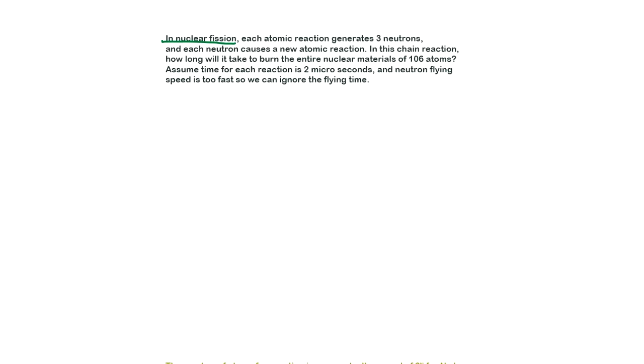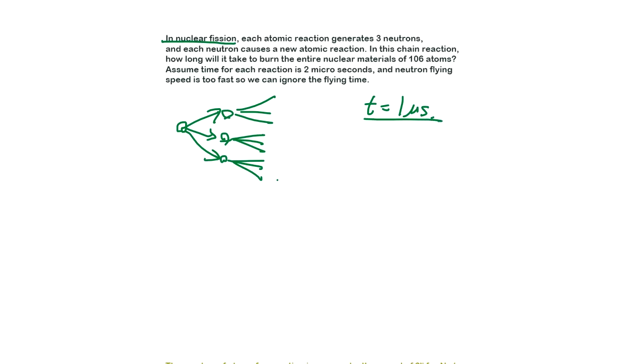So every 2 microseconds, three reactions happen, right? t is, say, 1 microsecond, the unit.